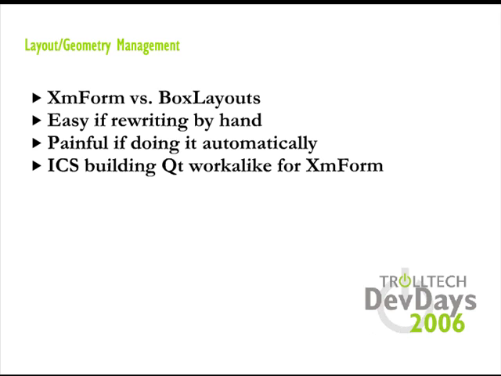One of the things we're working on, and we've got an early prototype of it, is an XM form work-alike for Qt. So a lazy programmer could use one of these forms for their layout, throw in Qt widgets, and do the same Motif attachments and get the same visual behavior.